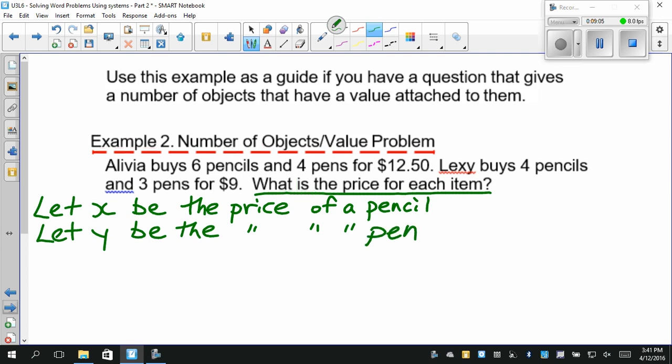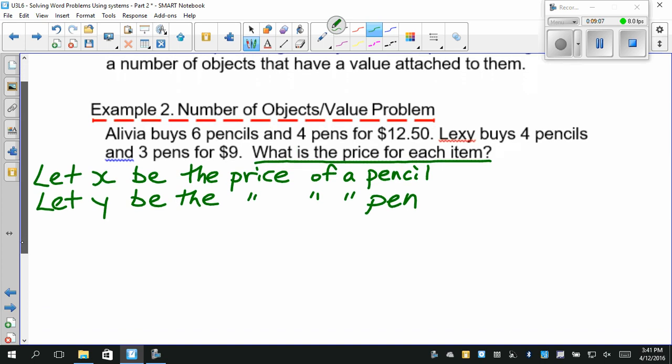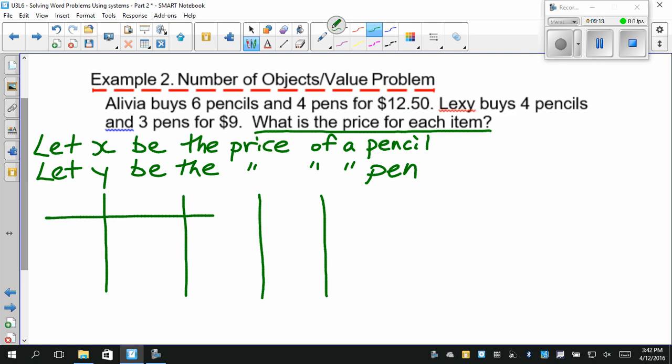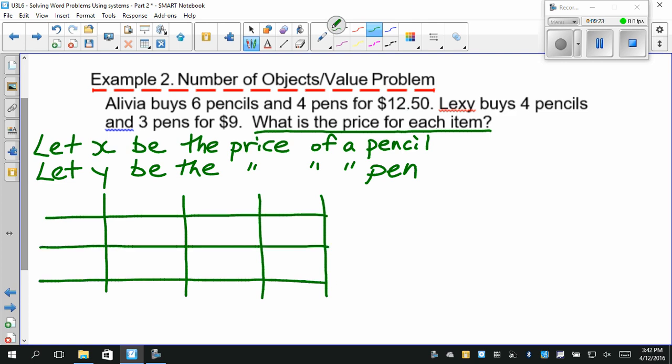Okay, and we can set up a table for this one as well. And this one will look similar to the last one. See what I mean here? So across the top, instead of value, which we had before, we're doing price for these guys.